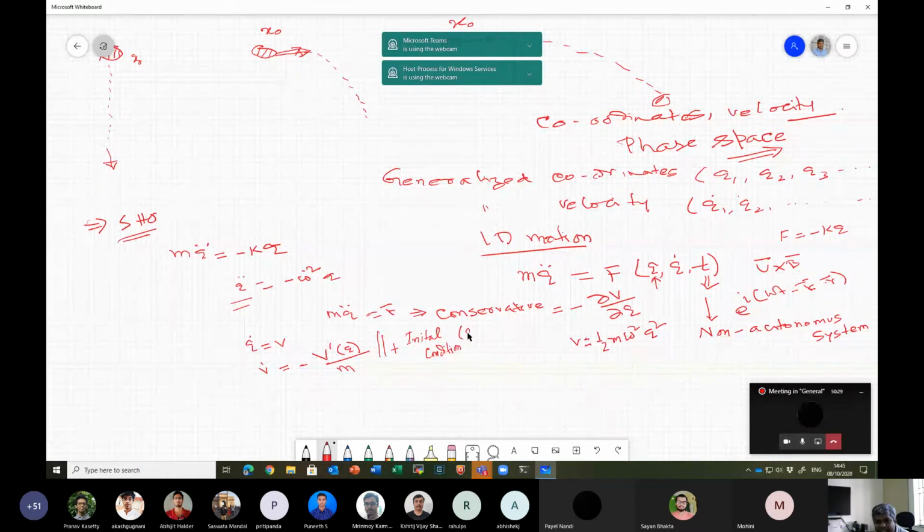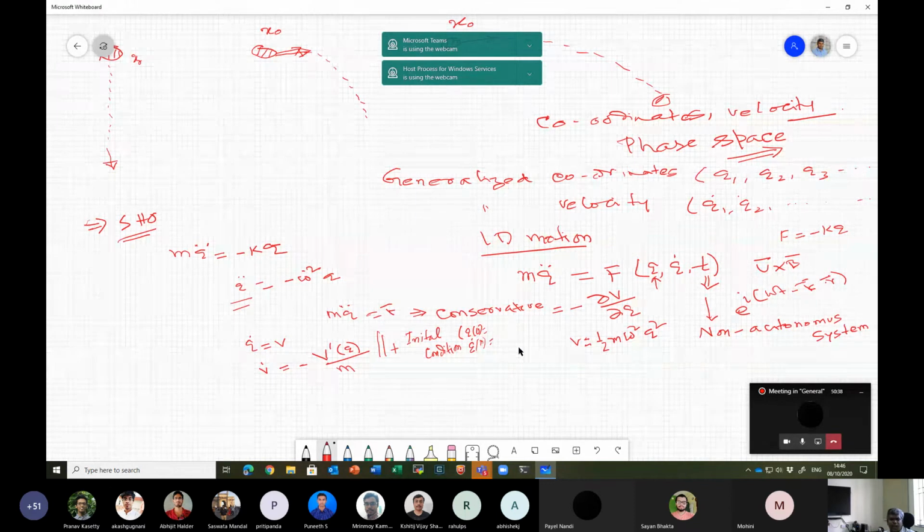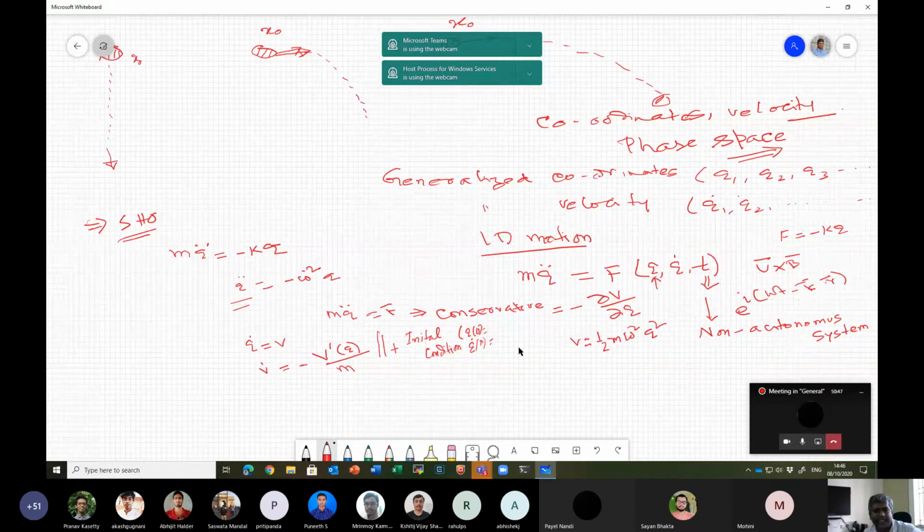The initial condition is say q at 0 is equal to something and q dot at 0 is equal to some value. So I need the initial conditions of the generalized coordinates and generalized velocities, and these two first order equations. If you do these together, what will you get?